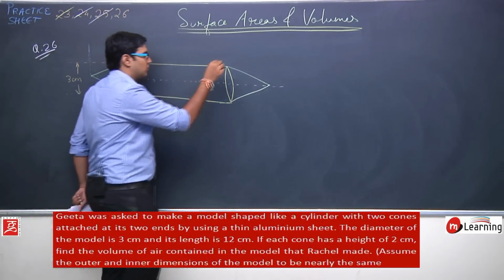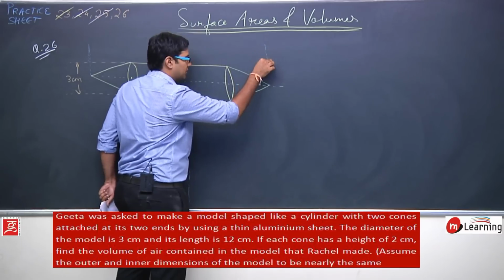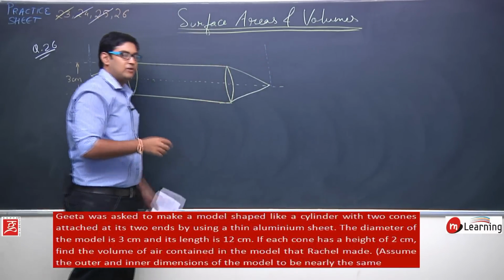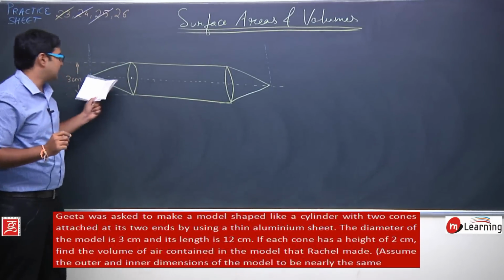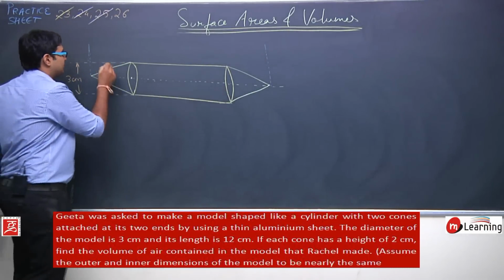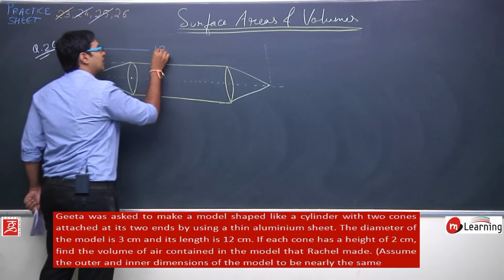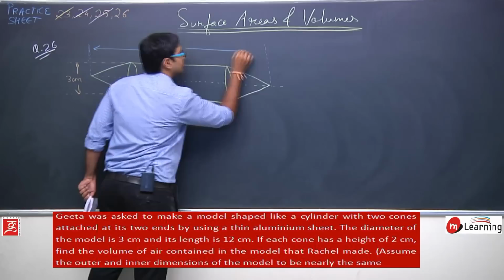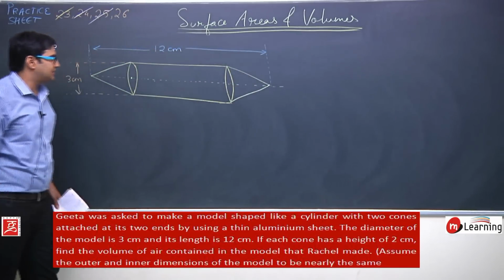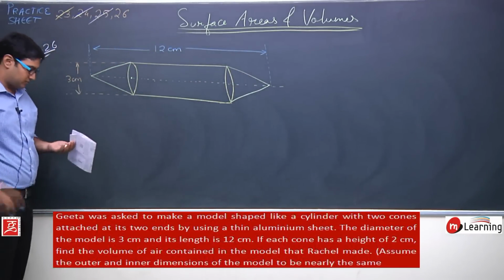So the length of this model will be this one. Length will be from end to end. This is one end and this is second end. The apex of the two cones, this is 12 centimeters. This is the length of the model.